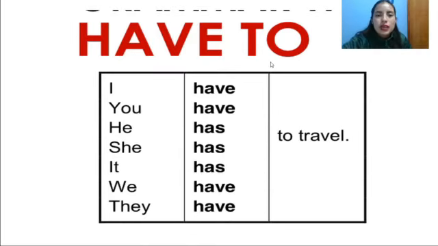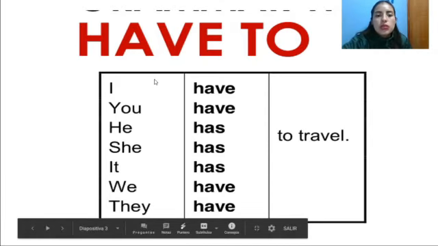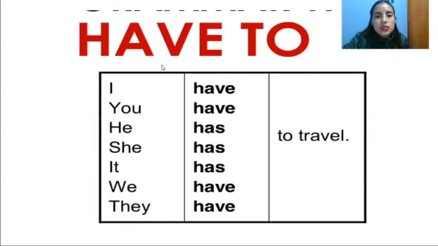De acuerdo al sujeto, usted va a escoger si usa have to or has to. Remember, in the third person, when you talk about he, she, and it, you have to use has to. Cuando hablamos de la tercera persona, he, she, and it, one person, you have to use has to.